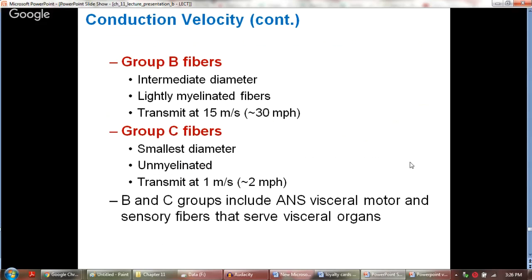The other type is the group B fibers. They are intermediate fibers and are lightly myelinated. Group C fibers are the smallest and unmyelinated. So B and C groups include the autonomic nervous system, visceral motor and sensory fibers, which supply the visceral organs.